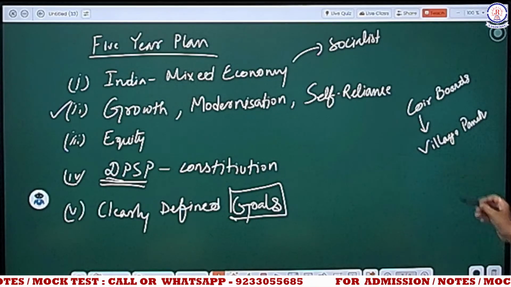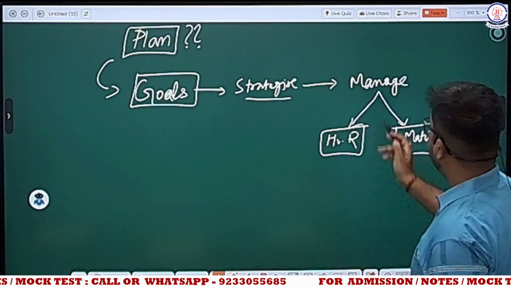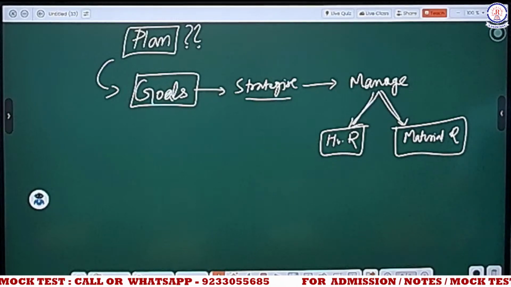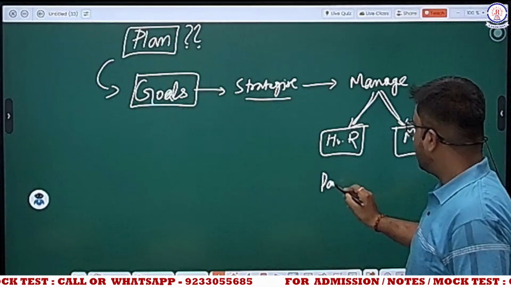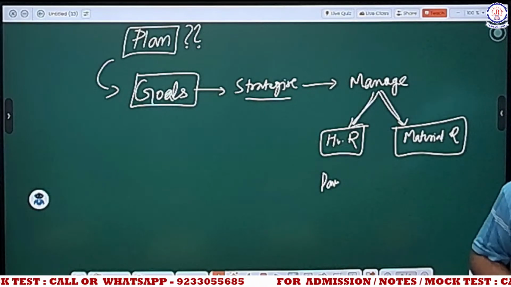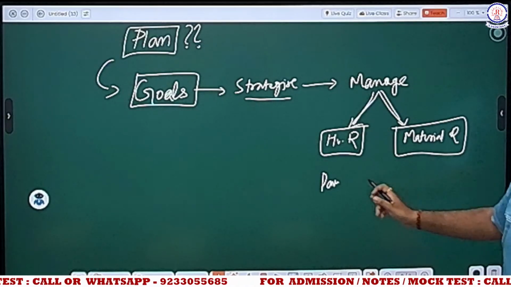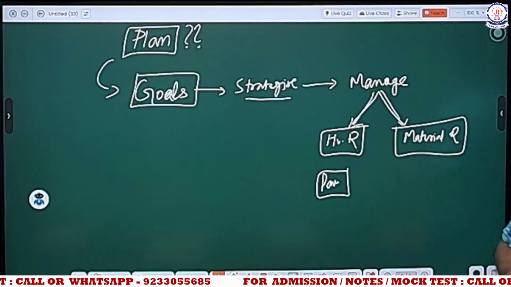If I divide these two simple DPSPs into the management of human resources and material resources: human resources is panchayats, that is any social related issue or any village related issue, the people are to be held responsible, or they are self governing in nature.